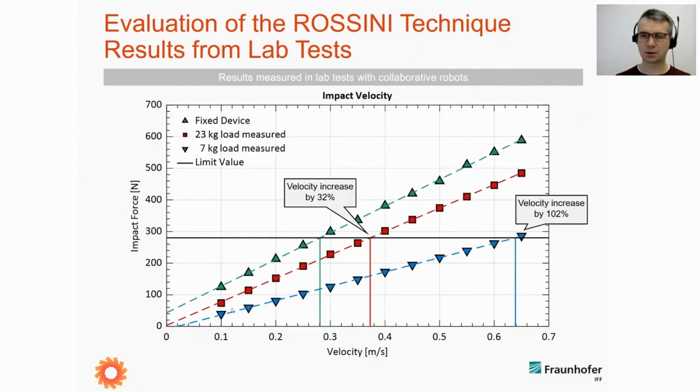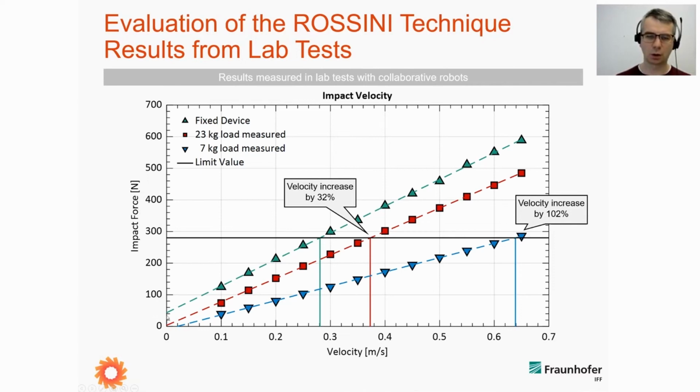Good, and just a brief overview of the potential. This curve is very easy to read. Here we have the impact velocity, taken from measurements with real collaborative robots. On the left side, we have the maximum impact force, measured with a pressure force measurement device.